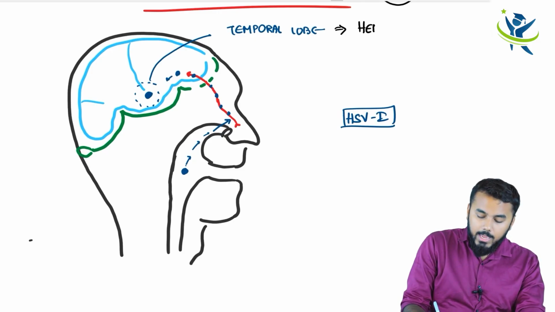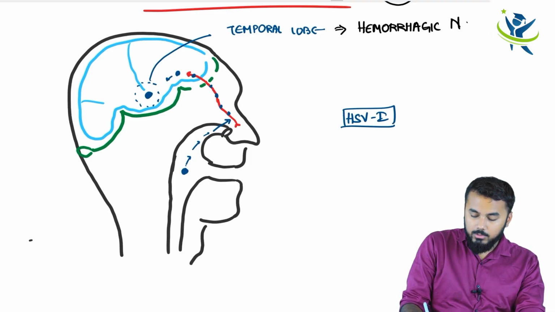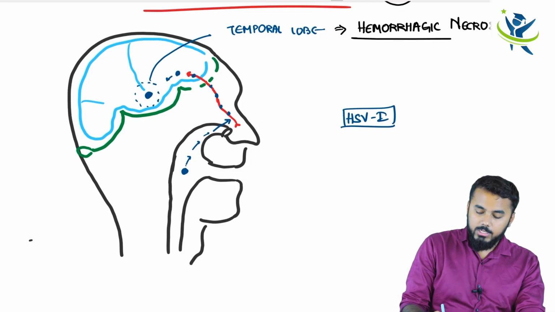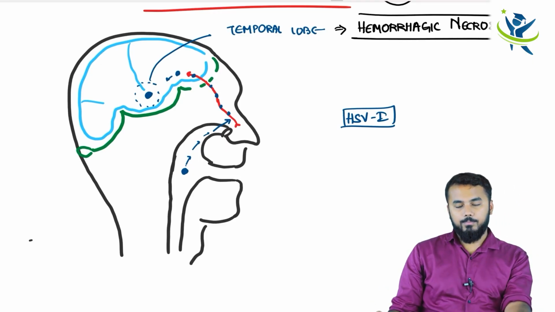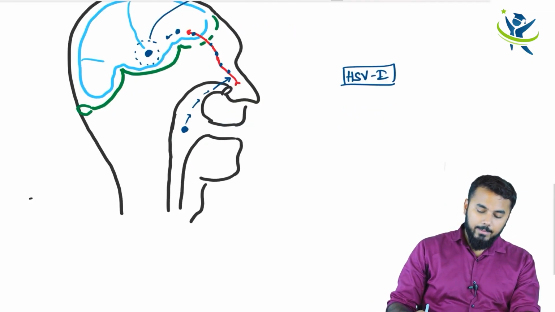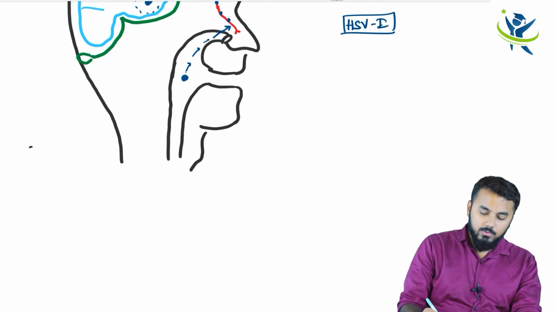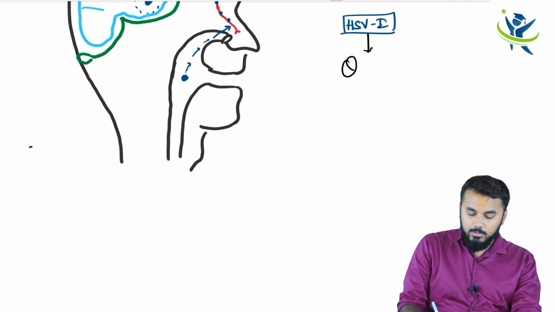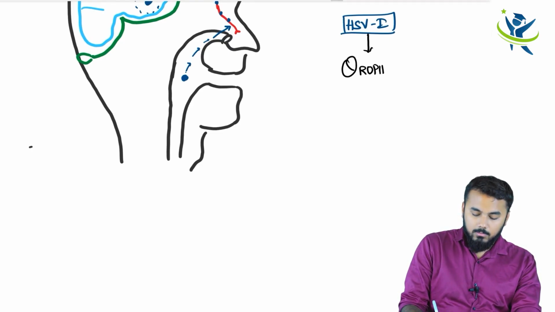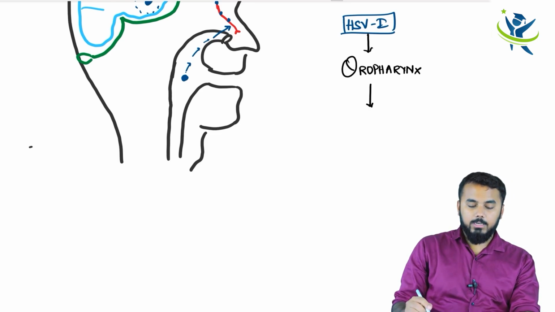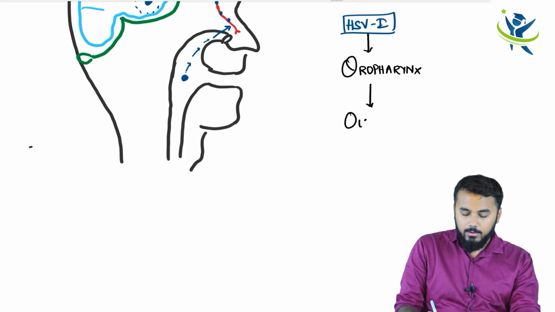It would cause hemorrhagic necrosis. Hemorrhagic necrosis of your temporal lobe. Okay. So what is happening here? What is happening is HSV1 first enters into your oropharynx, and from the oropharynx it would move to the olfactory tract.